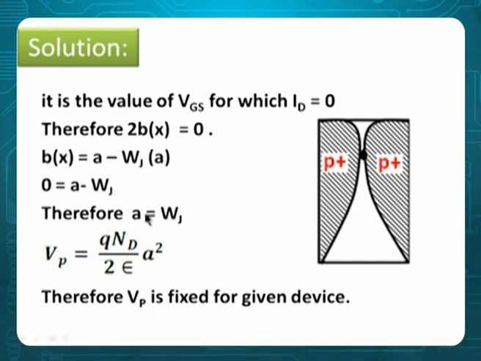So therefore A is equal to junction width. Therefore VP is equal to Q and D by 2 epsilon times junction width. In place of junction width I can put A. A is a fixed quantity. Therefore, pinch off voltage is fixed for a given device.